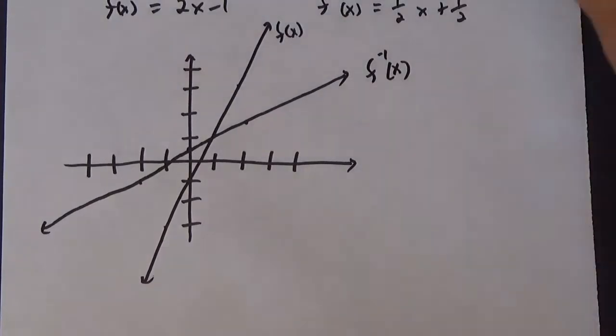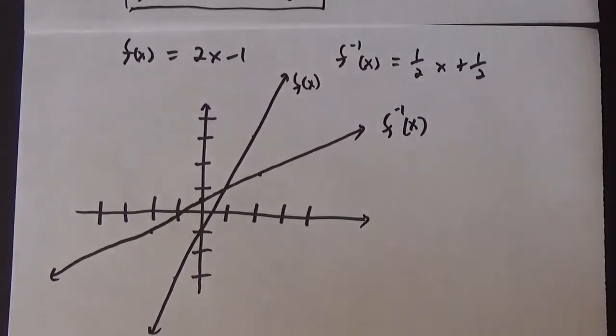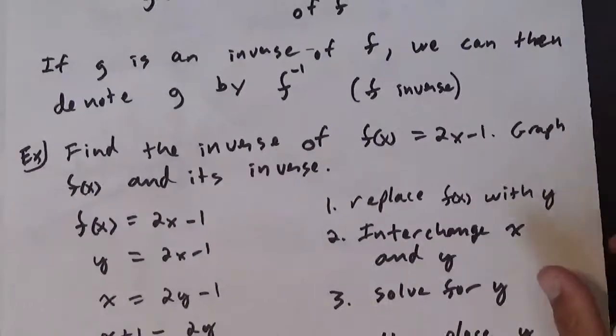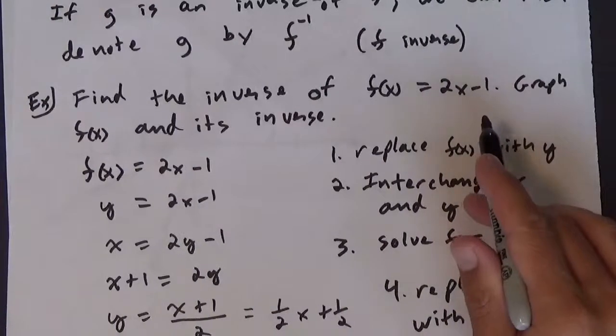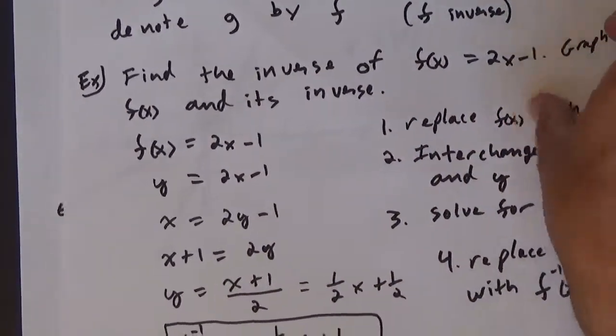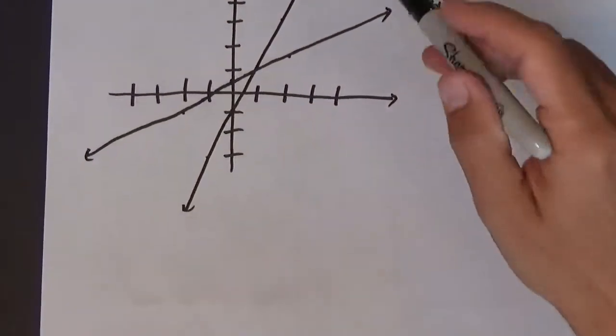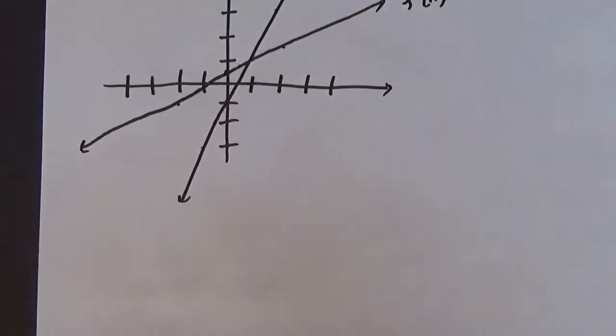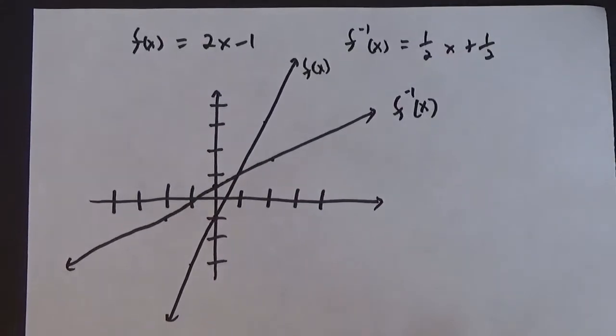So here's what a lot of the problems are going to be like. You're given a function, you want to find the inverse, so you go through these 4 steps, and then you graph the original and the inverse on the same graph.